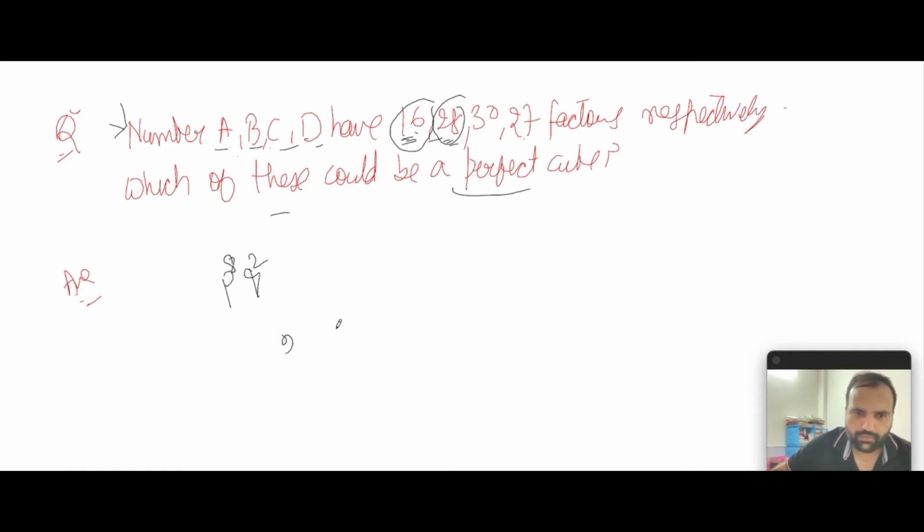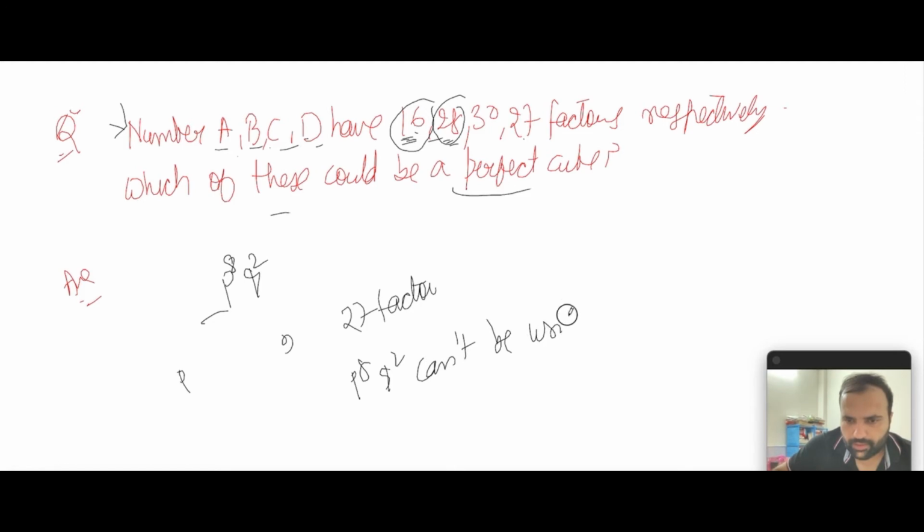So this would have 27 factors. So P8 cannot be written as, again, P8 or Q squared can't be expressed as a perfect cube. Okay, so this is also not there. So we can remove this. So the answer would be 16 and 28.